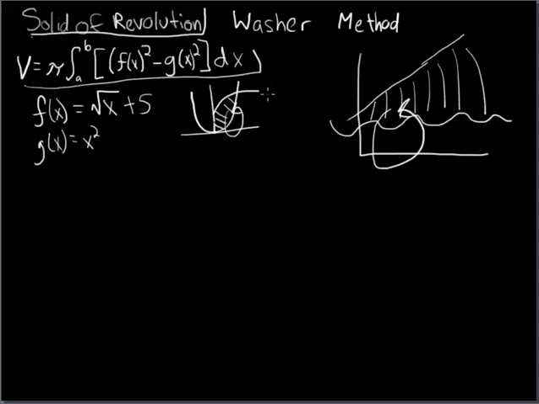Okay, so how are we going to do this? We're just going to plug it into the formula. So, change up the colors. We're going black and white here. Now I can, oh, there we go. So the volume equals pi times the integral, and we'll say from 0 to maybe 2.